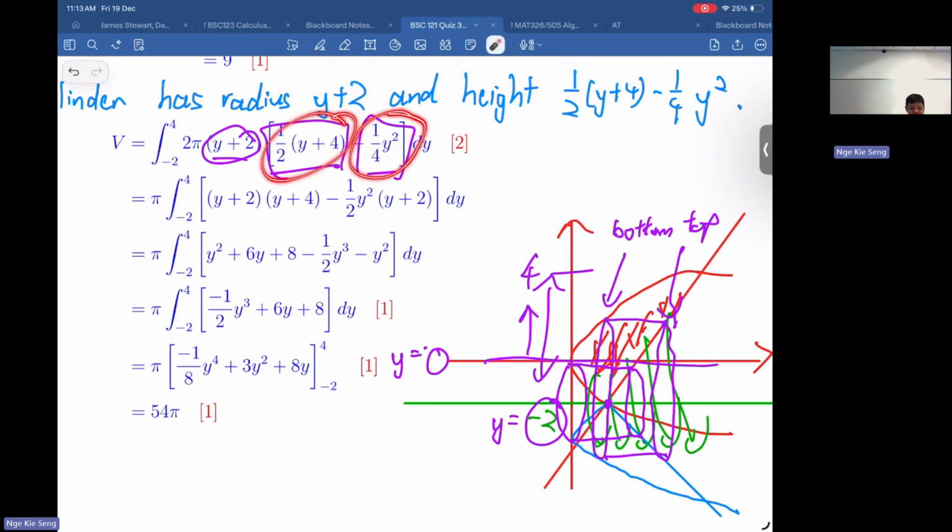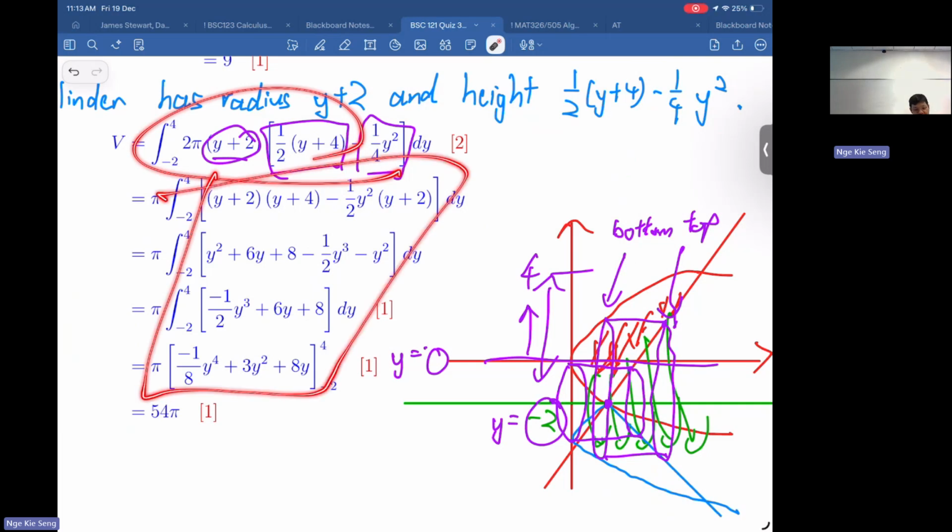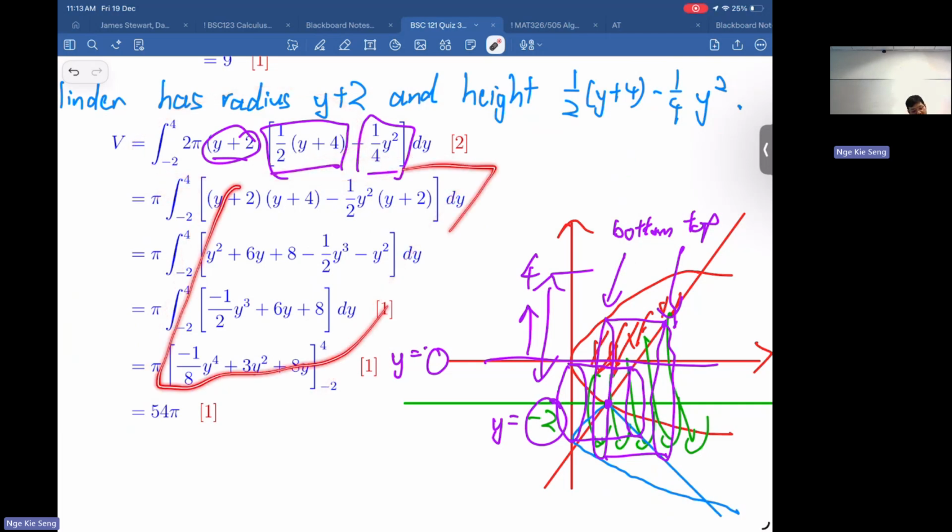Otherwise, you are really just guessing. Or you did try and got negative, so you didn't want it. Once you get these, the calculation below is just integration of polynomials.